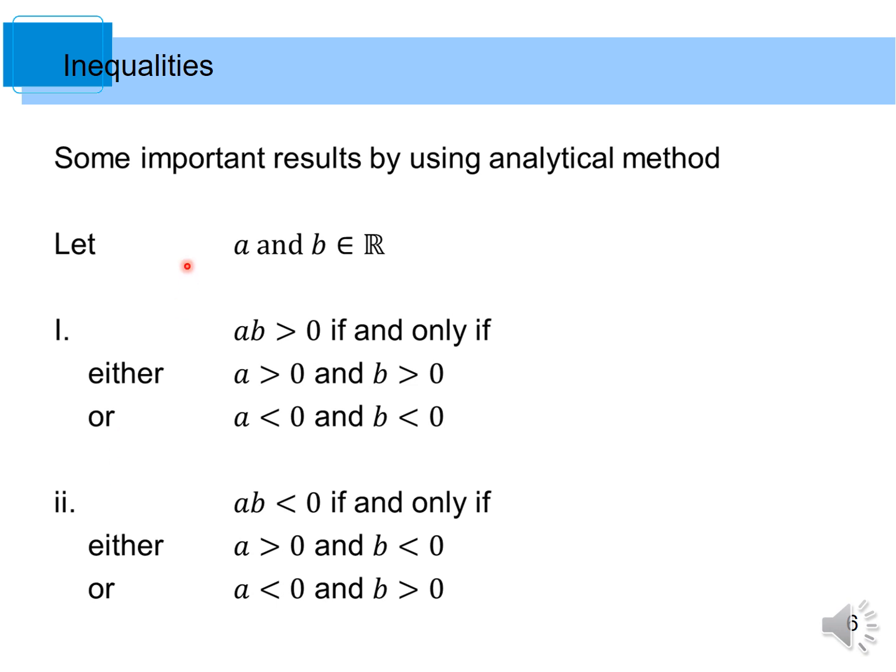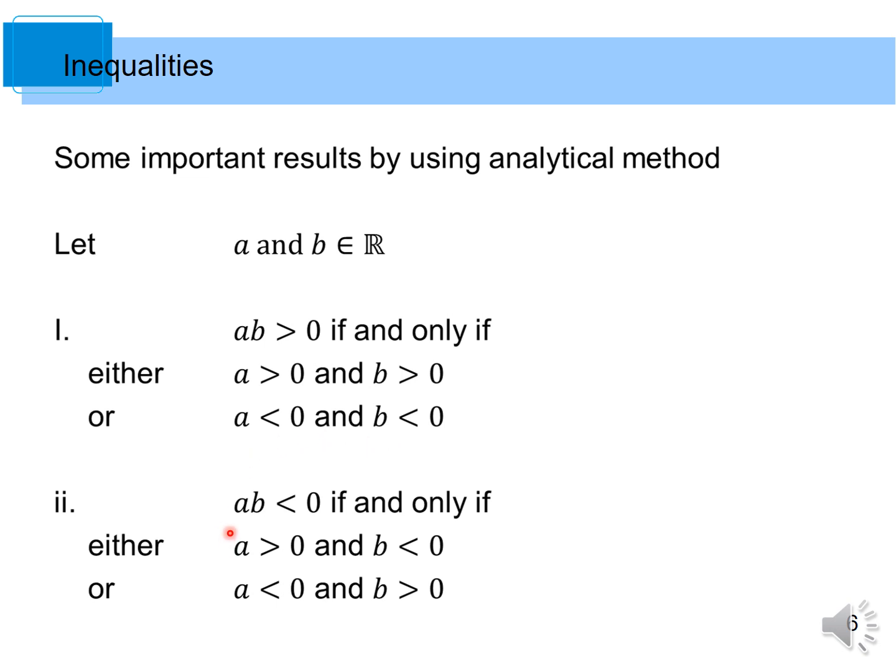Some important results by using analytical method. a and b are real numbers. The multiplication of a and b is a positive value if and only if a and b are both positive values, or a is a negative value and b also is a negative value.